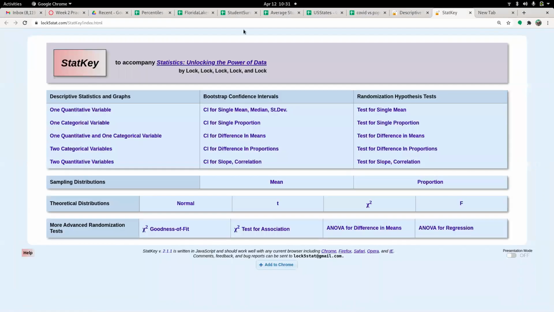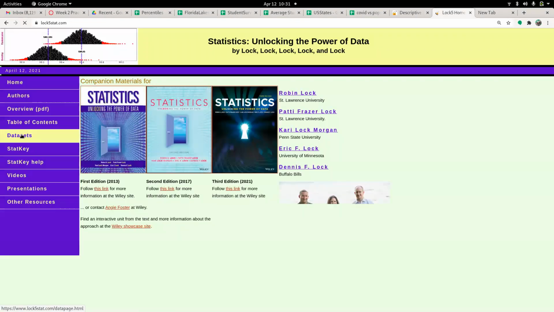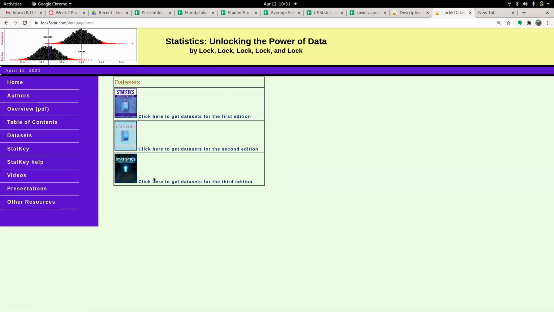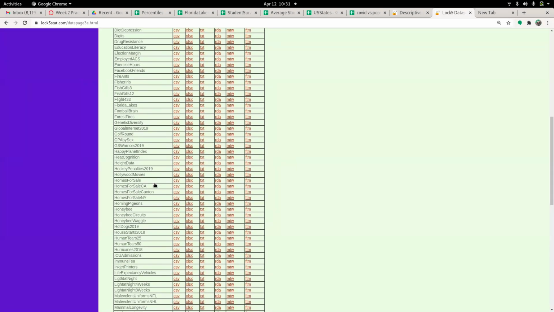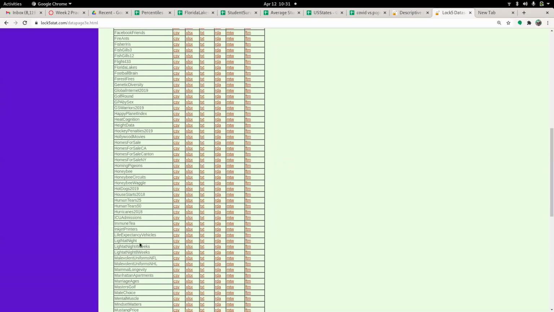If we go to Statistics: Unlocking the Power of Data, and then data sets. This is our third edition here. Here are all the data sets. So if you wanted to go grab the Florida Lakes data, you can. It's somewhere in here, A, B, C, D, E, F, Florida Lakes right there. So you can get the Excel version or the CSV version.